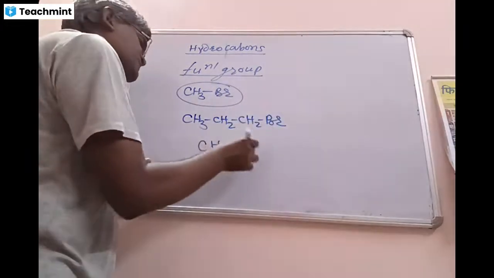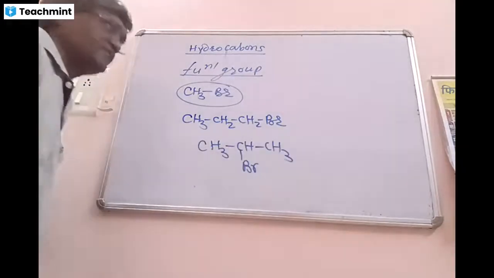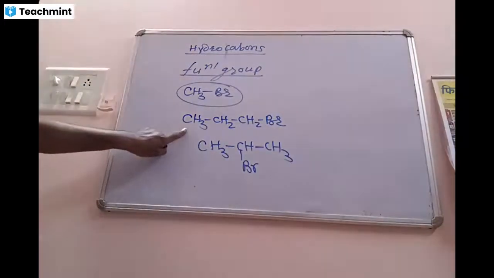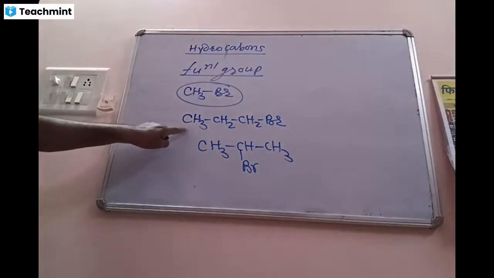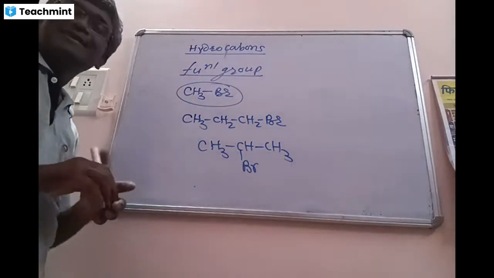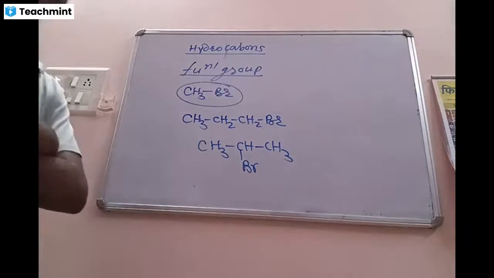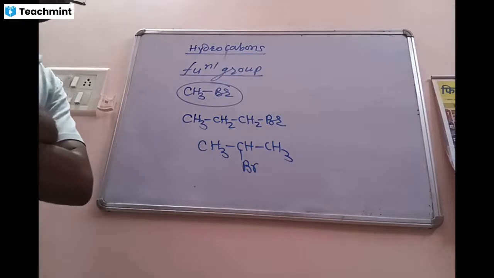You know the names of these compounds in the common system. Yes, this one is. This compound is known as... एक मिनट सर. Okay. Is it an N-propyl bromide? Yes. Okay.